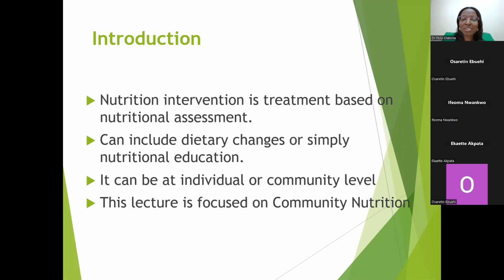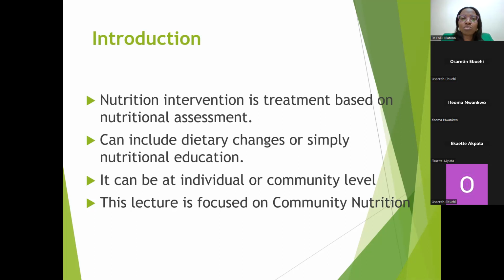So let me assume that someone has defined nutrition for you and that you also know community. If you join the two together, that would be community nutrition. And my focus is on the intervention, the program. The first thing I'm saying about it is that intervention must be based on assessment.